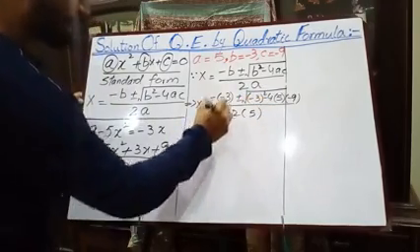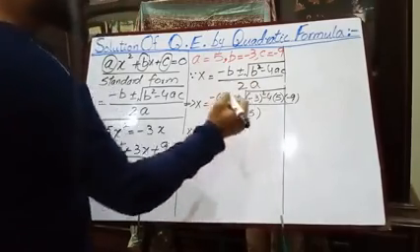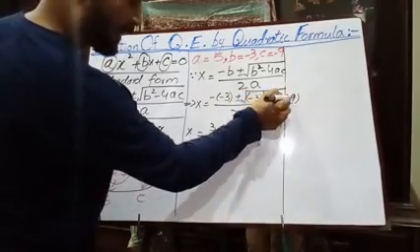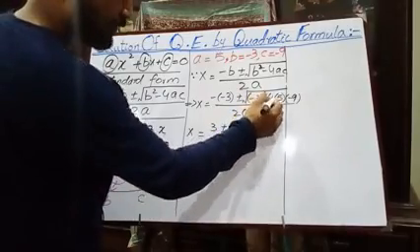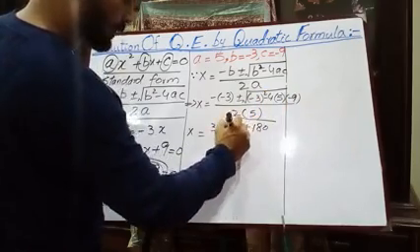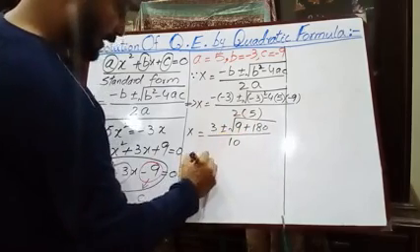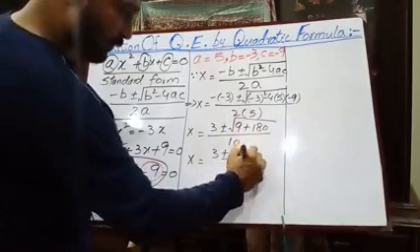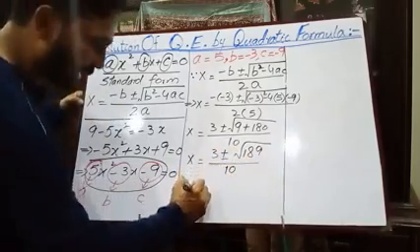So x will be 3 plus minus square root of 9, and this minus multiplied by this minus sign becomes positive. 4 5s are 20, 20 9s are 180, whole divided by 10. x will be equal to 3 plus minus square root of 189, whole divided by 10.